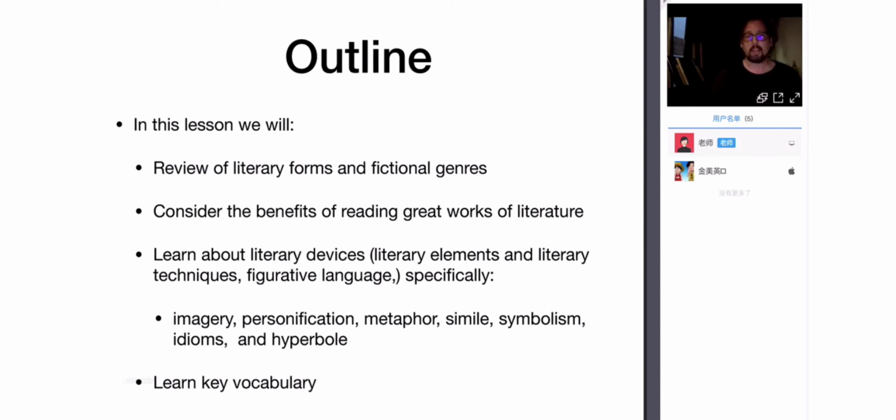This is the worksheet that includes 24 vocabulary terms that we will be defining in this lesson. Is it ready yet? Yes, it is. Okay. So this is what it is.